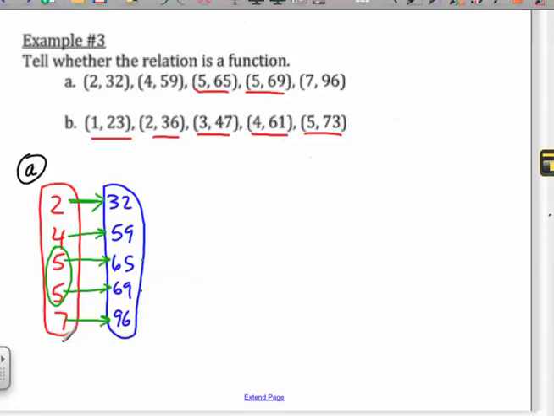I knew it wasn't a function because I could see that 5 right there gave us two different outputs. But over here, I don't even have the same x listed anywhere. So there's no way that I'm going to get a different y for the same x. Cole asked if we have to do this on a test.